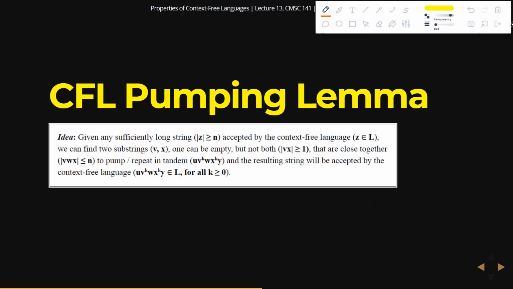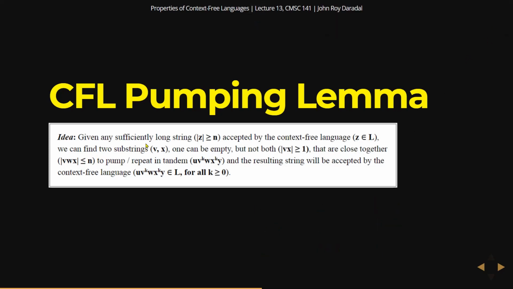And then v and x should be close together such that they are not more than n spaces apart, so the length of vwx should be less than or equal to n. We need to pump and repeat them in tandem. So you have v^k and x^k here, and the pumped string is still part of the context-free language, for any k greater than or equal to 0.